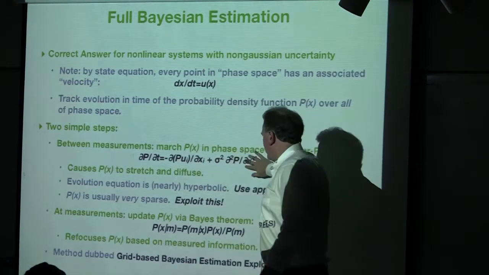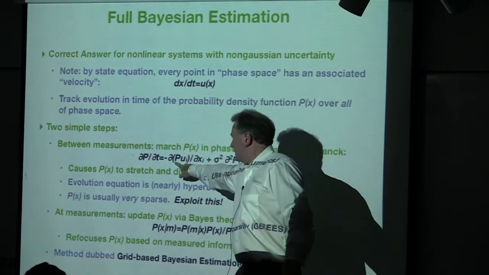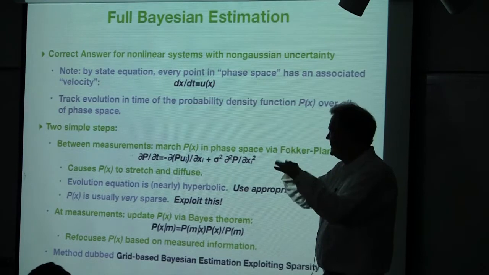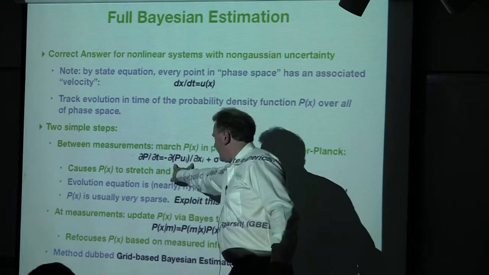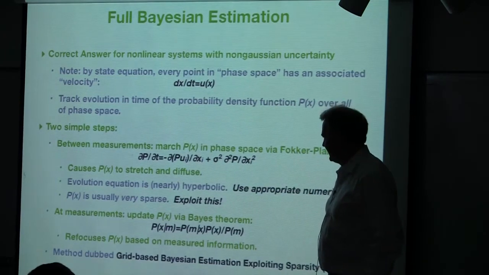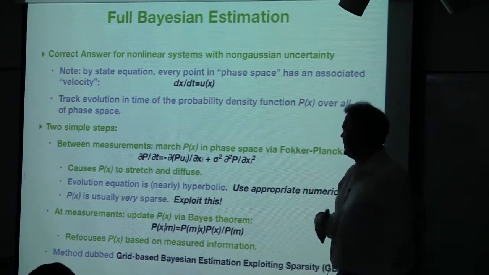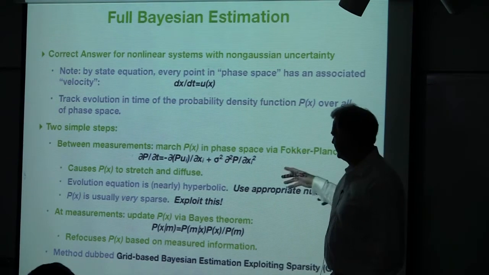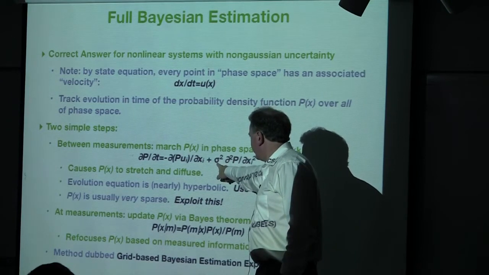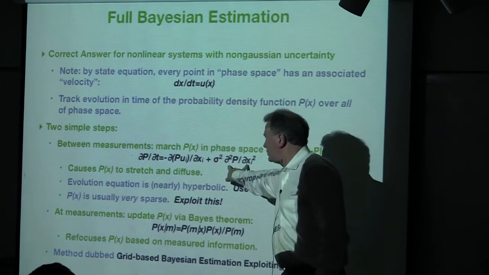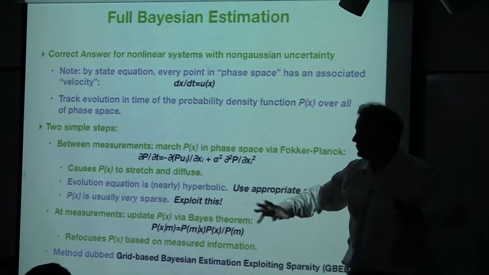For this equation, there's no diffusion, and so this sigma is 0. The probability stretches and convects according to an advection term like that, and then if there is a plus W, where W is some disturbance, then under certain assumptions on the disturbance, if the variance of the disturbance is sigma, there is also a diffusion term, and so if there are random disturbances acting on here, that acts to diffuse your estimate.